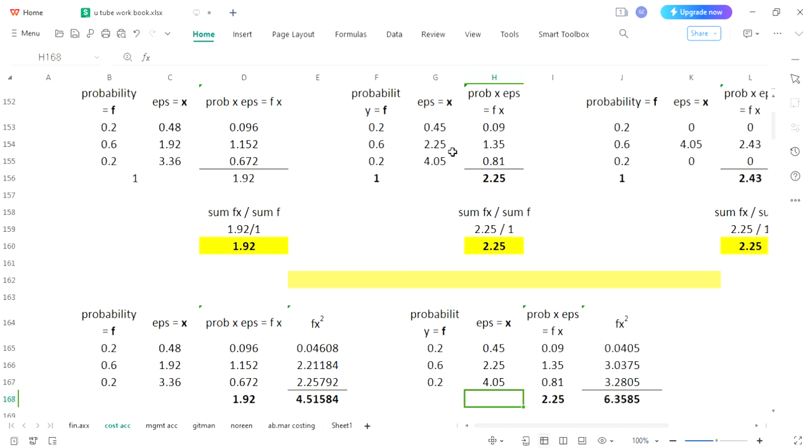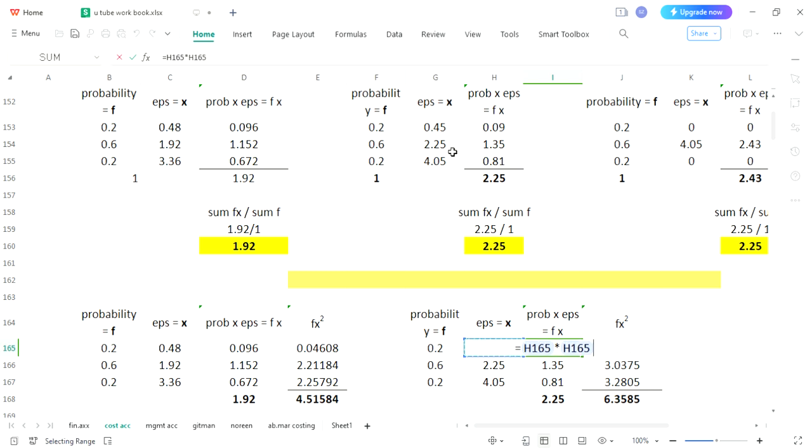So you have got your X. Fx would be calculated by multiplying F and X. Again, F would be multiplied with X, the same as what we have done above.